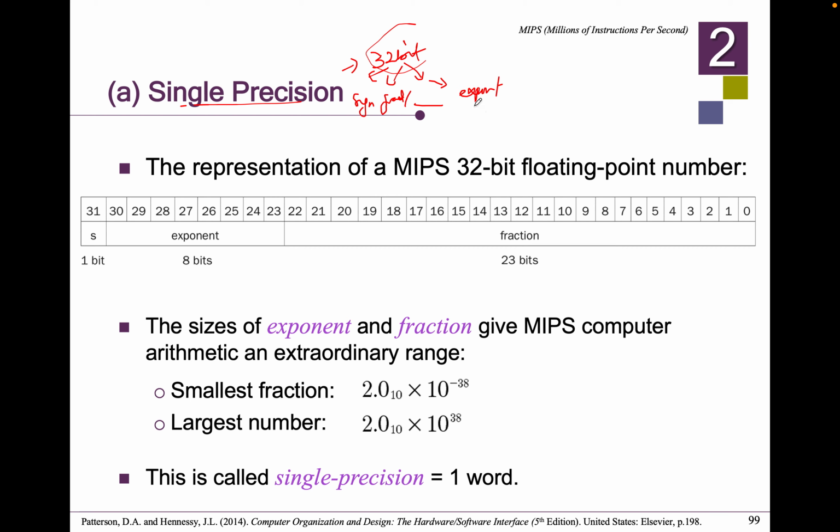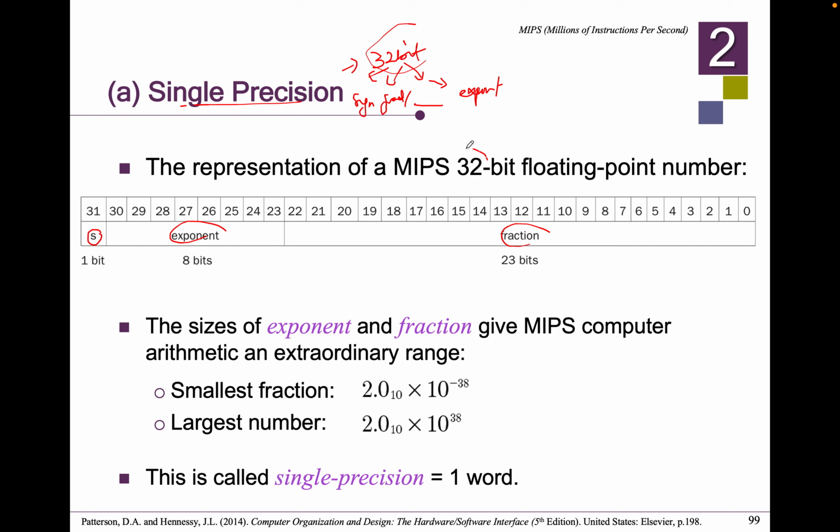You can see you have a sign, an exponent, and a fraction, similar to our previous biased exponent format and also a simple floating point representation.